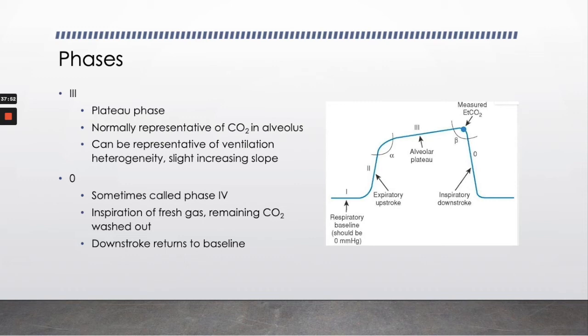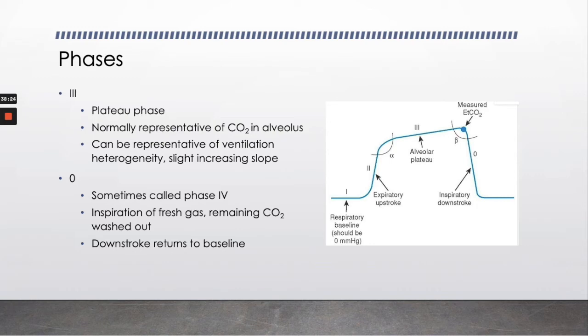If you gave a patient with these particular problems some PEEP or bronchodilators, for respiratory pathologies associated with an increase in ventilation heterogeneity, such as asthma or COPD, that would actually help flatten out phase three and not make it so steep.